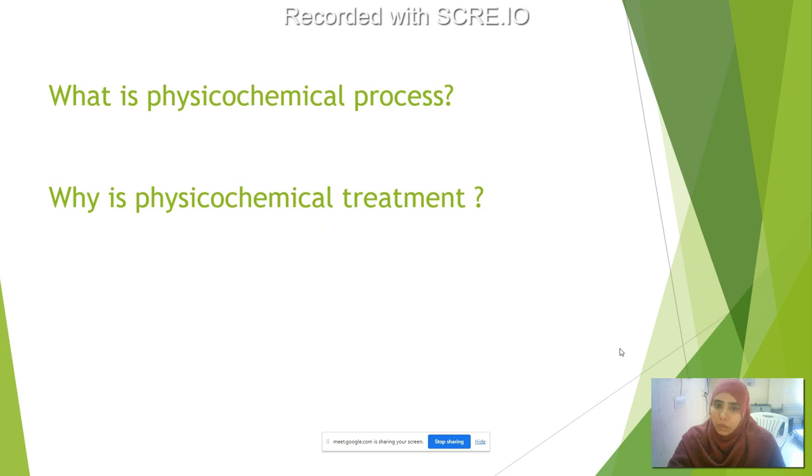Why do we do this physicochemical treatment? To create a sludge and wastewater. The sludge is dewatered in a filter process and subsequently transported to a landfill, and the wastewater goes to the water purification plant for further treatment. Okay, that's why we are using this.